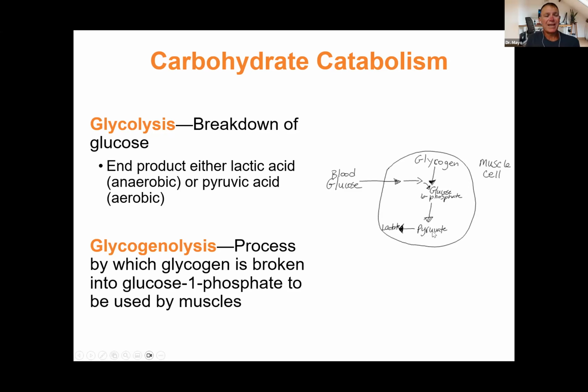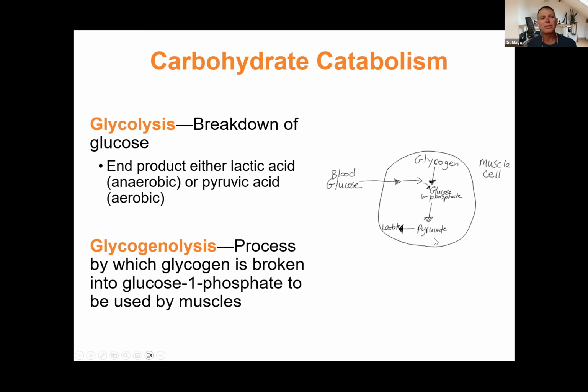If intensity is on the lighter side, then we can take this pyruvate that we convert and form in the cytoplasm on into the mitochondria to continue to break it down. So we've got 2 3-carbon molecules of pyruvate.